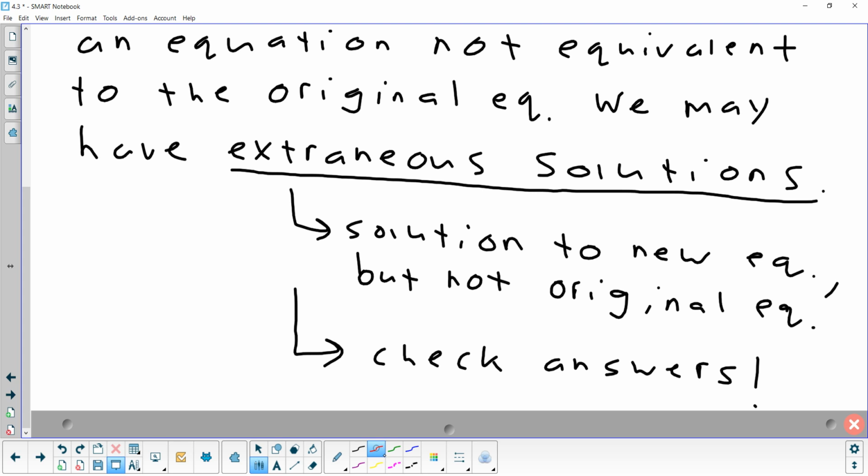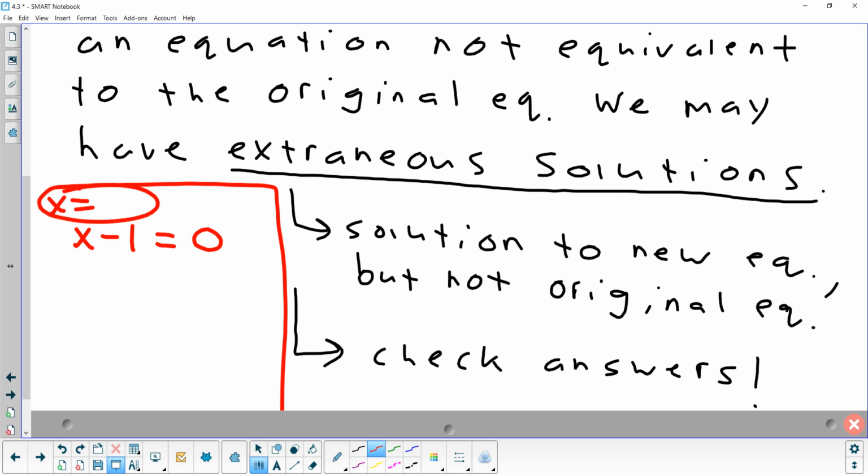As an example of an extraneous solution, let me show you a very simple equation. x minus 1 equals 0. What's the answer to that problem? Ted? 1.